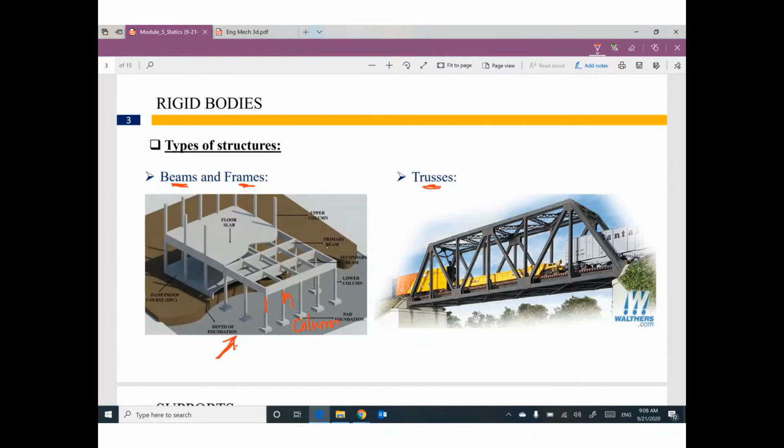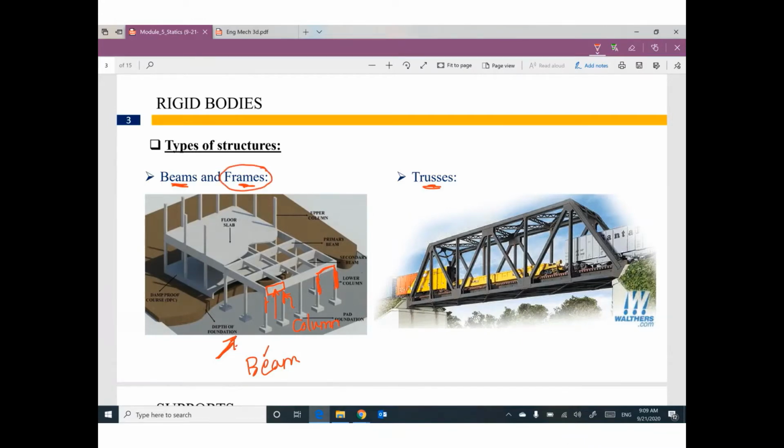In between, we have something called a beam. A beam is a horizontal element supported by 2 columns. If you consider this column, this column, and this beam, all of them as one unit, you are talking about something called a frame.